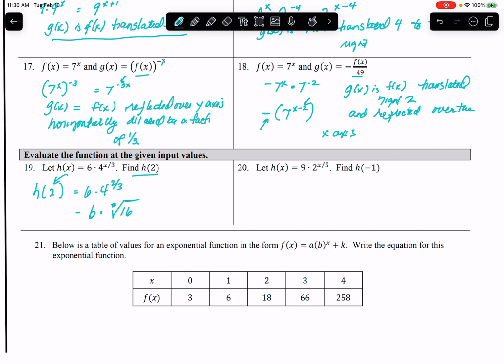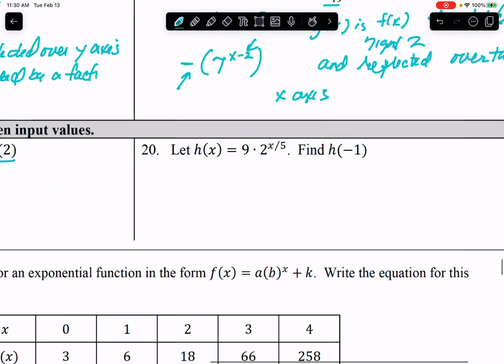We can write it like that. So h of 2 is that. Then h of negative 1 would be 9 times 2 to the negative 1/5, which is equal to 9 over the 5th root of 2. Can't do anything else with that.